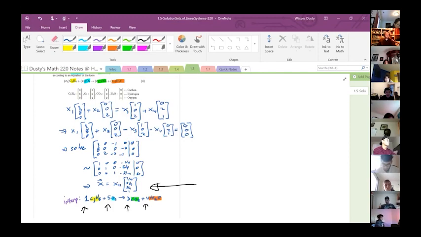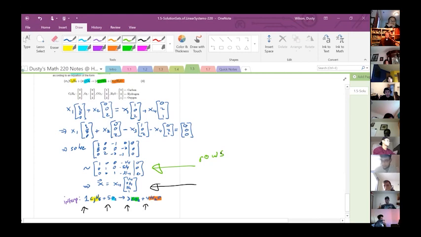Why are there 4 rows rather than 3 rows? Kyle has a good question. Kyle's question is, why are there 4 rows rather than 3 rows? So I think what he's saying is, why are there 4 rows in x? So you can think about what the rows represent here.